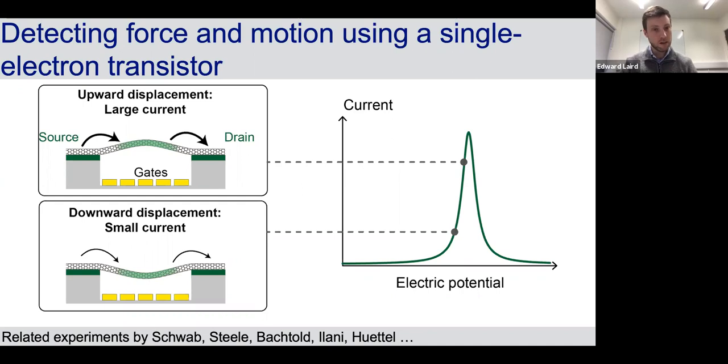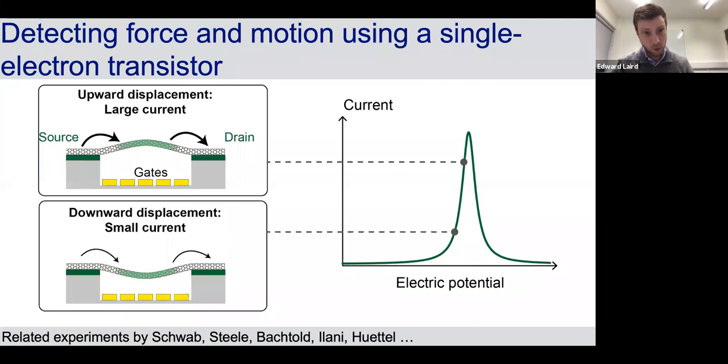And if you can make the current depend on the electrical potential, then you can use this to distinguish displacement in one direction versus the other, because for an upward displacement you have a large current, and for a downward displacement you have a small current. Many groups, I've listed some of them, are working on devices similar to this because of the very high sensitivity that we can expect.